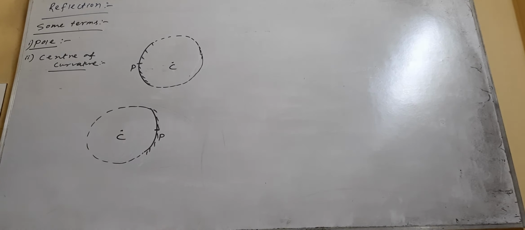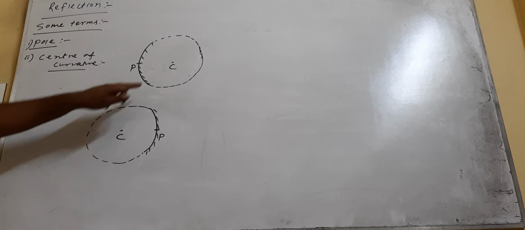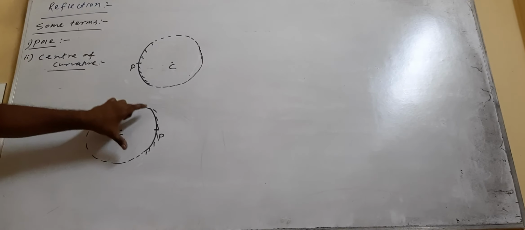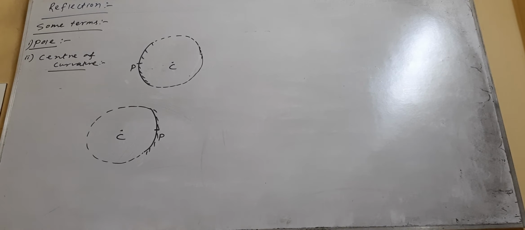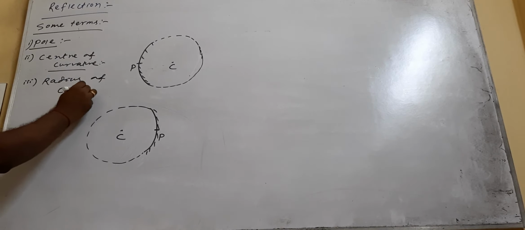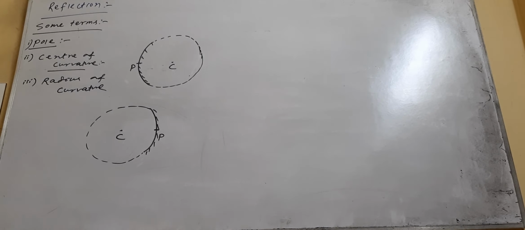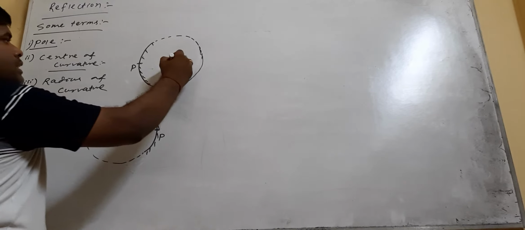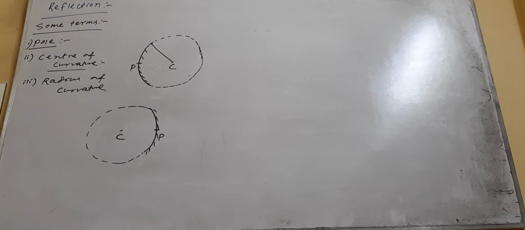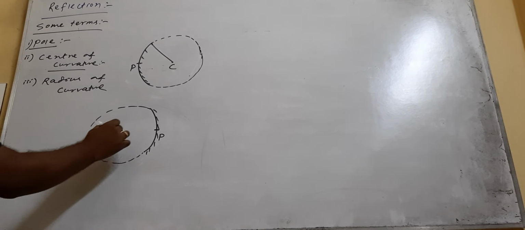It is the center. The center of the imaginary sphere of which the mirror forms a part is called the center of curvature. Now come to radius of curvature. What is radius of curvature? That is the same type of definition. That is the radius of the imaginary sphere of which the mirror forms a part.